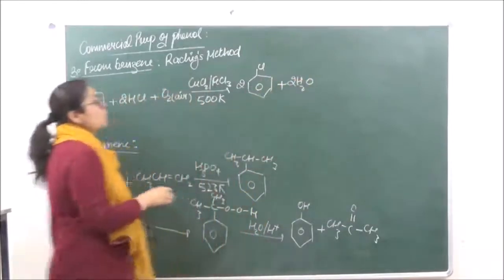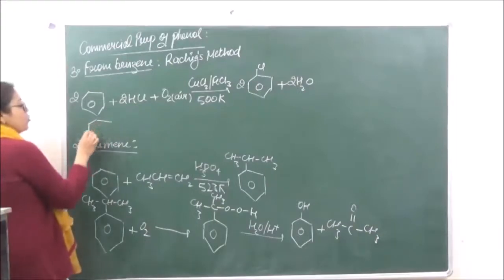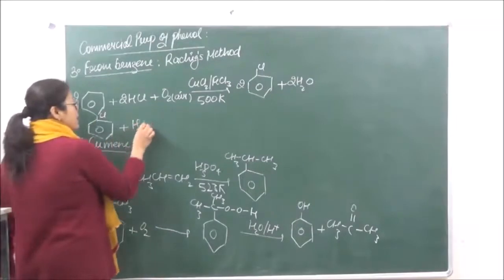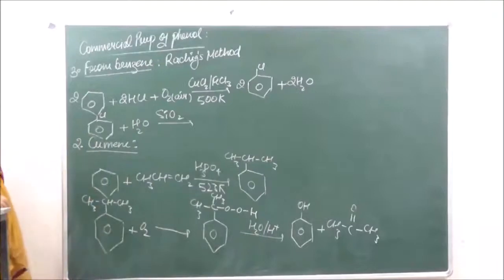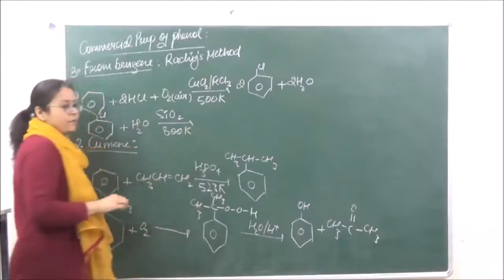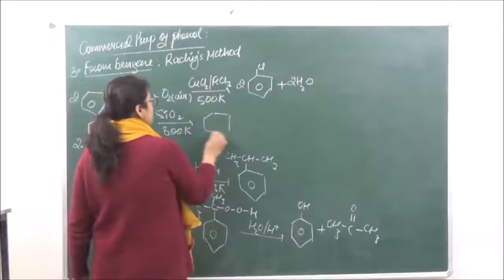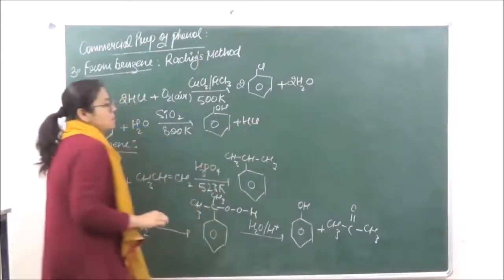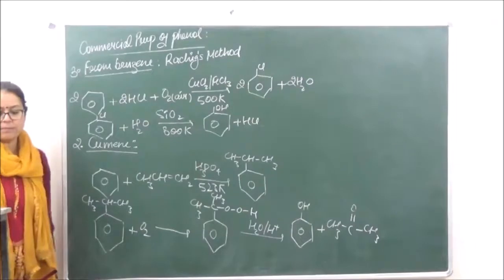Once you get the chlorobenzene in the first step, in the second step we can hydrolyze the chlorobenzene which we have formed in the first step, and the reaction takes place in presence of silicon dioxide at a temperature of 800 Kelvin. Okay? This is going to give us phenol plus HCl. So these are the methods of preparation.